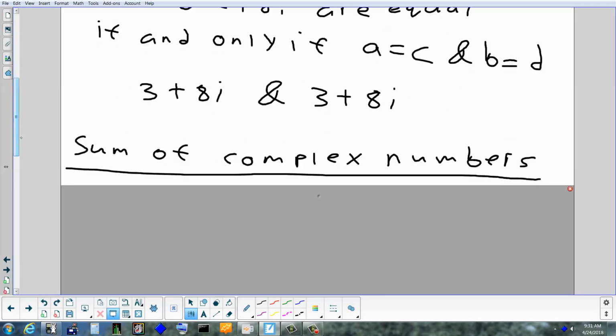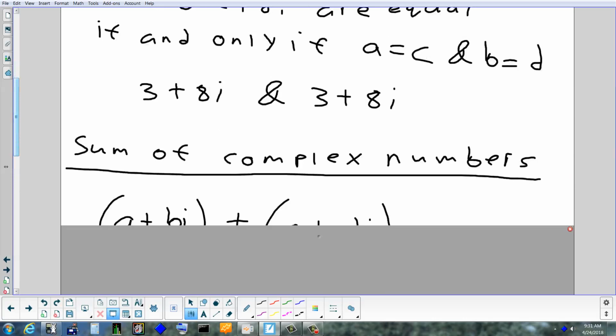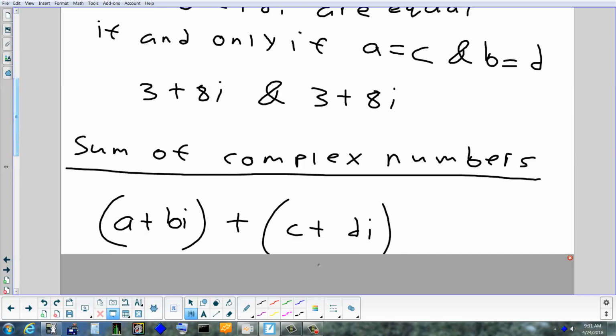The two arithmetic operations we'll look at today are adding and subtracting. So you would be given two complex numbers separated with a plus sign. They don't have to put parentheses around it, but I just did that so you could clearly understand A plus BI is the first one, C plus DI is the second one.